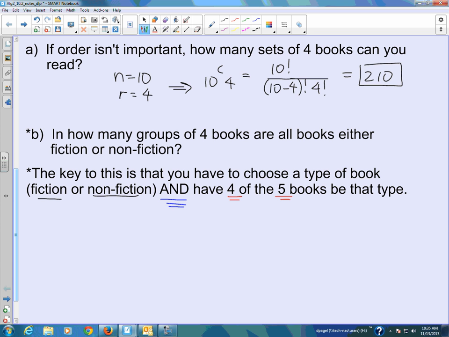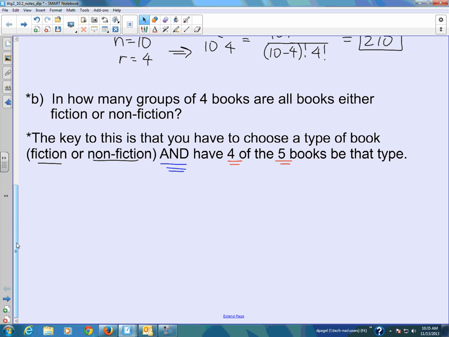This is a situation that we were considering as an AND problem. We're going to get to what this is in a moment. It's called a multiple event, but we have to take into consideration these 2 categories. So what happens is we create 2 combinations. We create one combination for the type of book. In my barrel I have fiction or nonfiction, and I'm going to pull out of that a fiction book or a nonfiction book. So this becomes a 2C1.